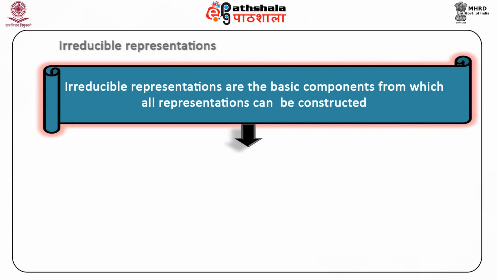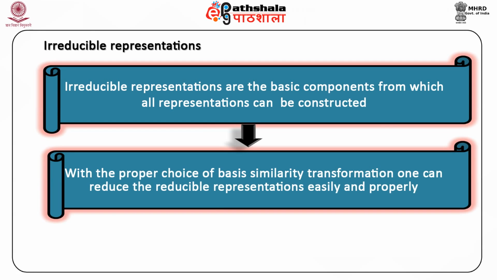Irreducible representations are the basic components from which all representations can be constructed. Irreducible representations are of pivotal importance. With the proper choice of basis, similarity transformation, one can reduce the reducible representations easily and properly.